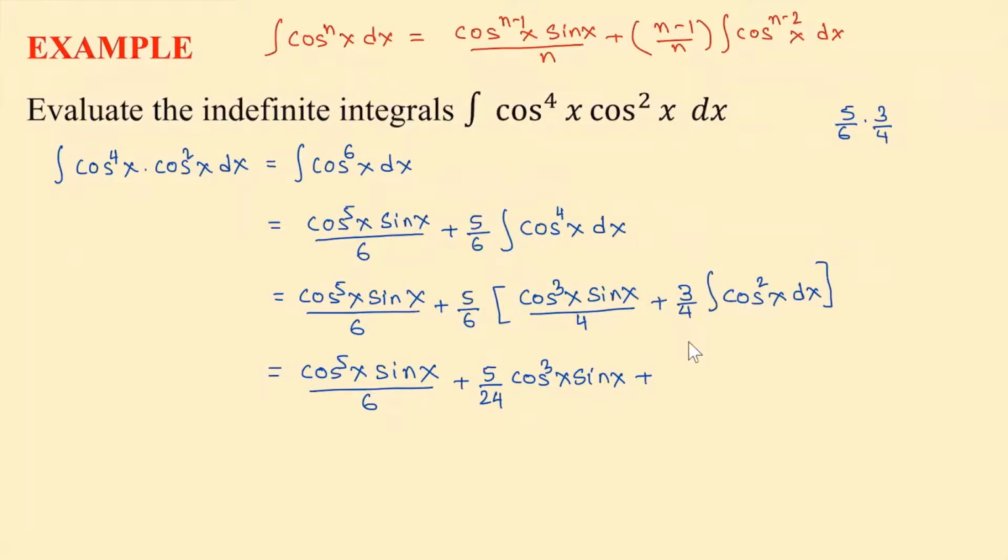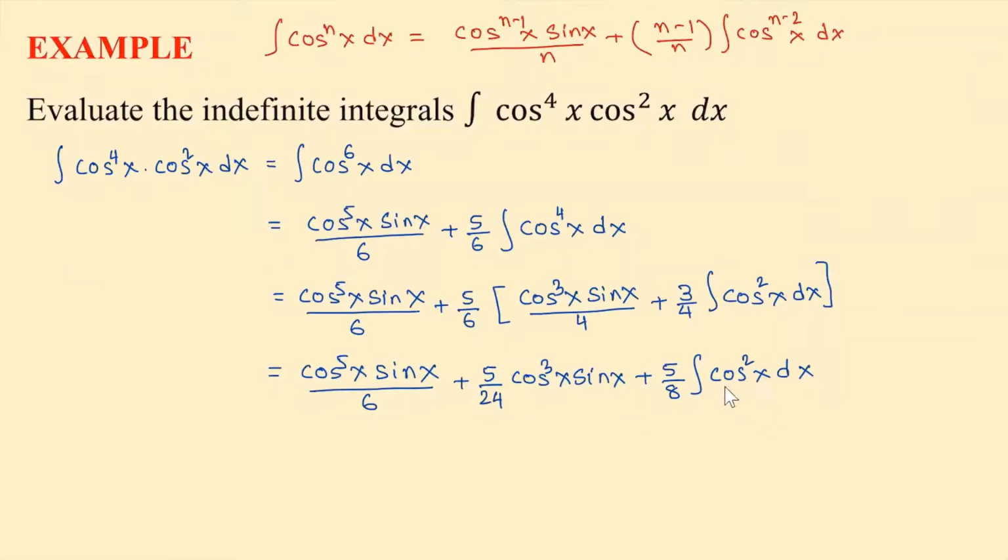So 5/6 times 3/4: 3 goes into 6 two times, so you can simplify, and it becomes 5 over 2 times 4, 8. So that becomes 5/8 of the integration of cosine squared x dx. So we used the reduction formula two times, and changed the sixth power to the second power.